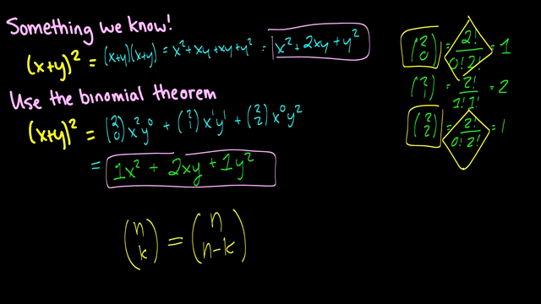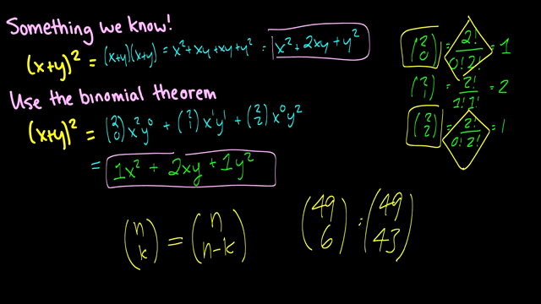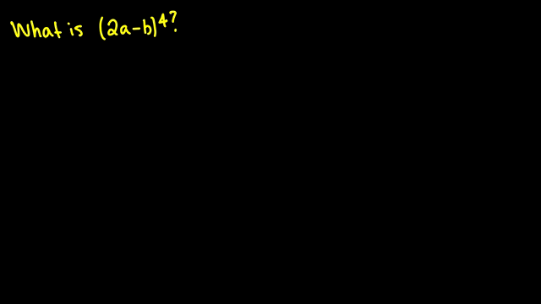So you can use these interchangeably. As an example, 49 choose 6 is the same thing as 49 choose 43. So there's a cool little thing, and we're going to see a nice friendly application of this very shortly.